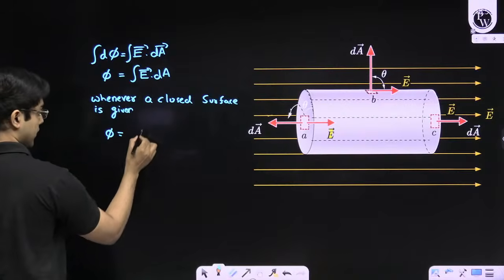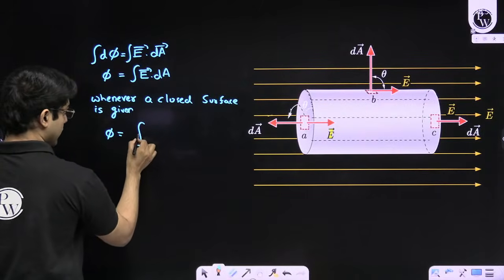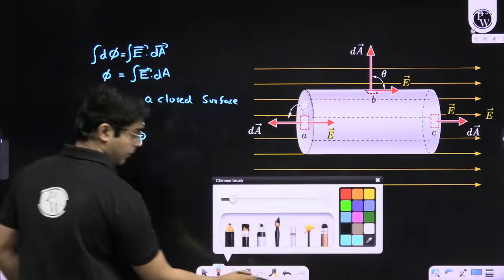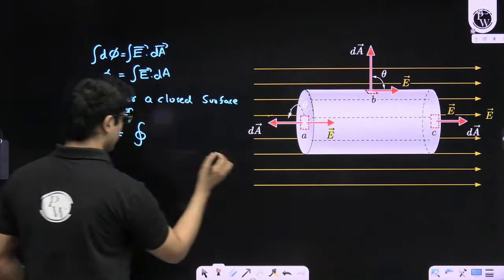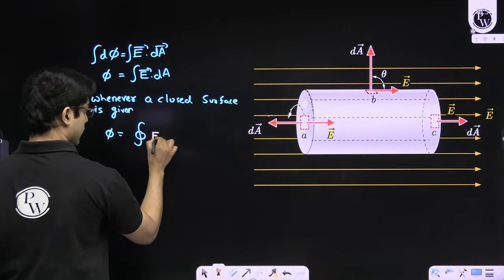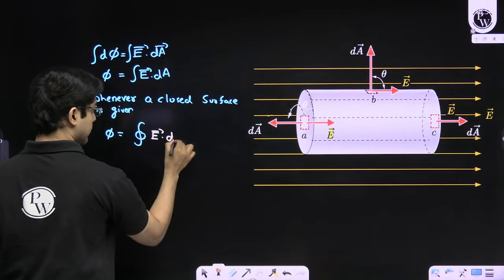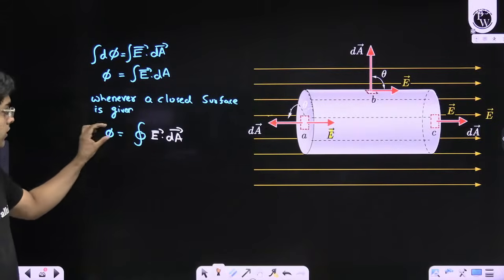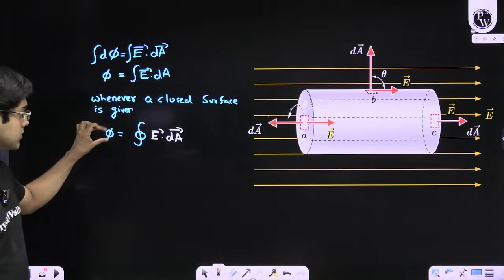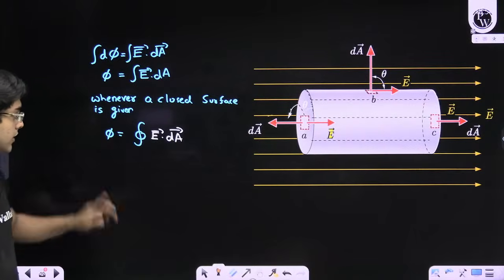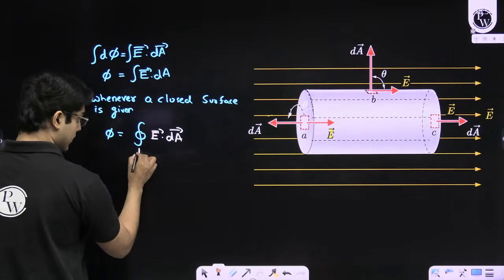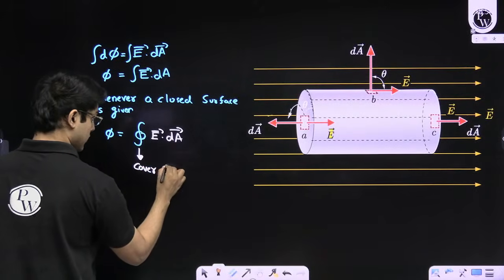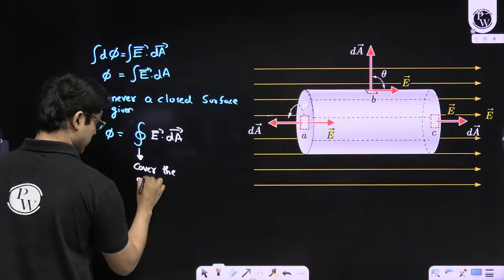Instead of this simple integration, we will write an integral sign with a circle in the middle. So what does this symbol mean? Whenever a closed surface is given, when we are calculating the flux, we include a circle in the integration. This means cover the entire surface.